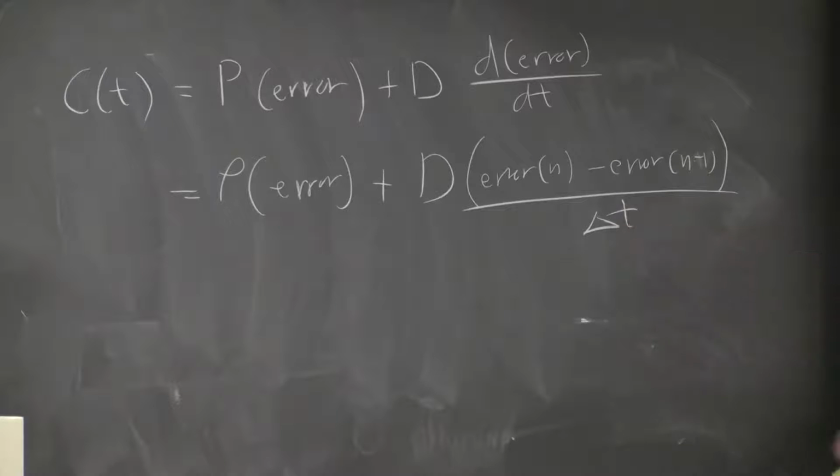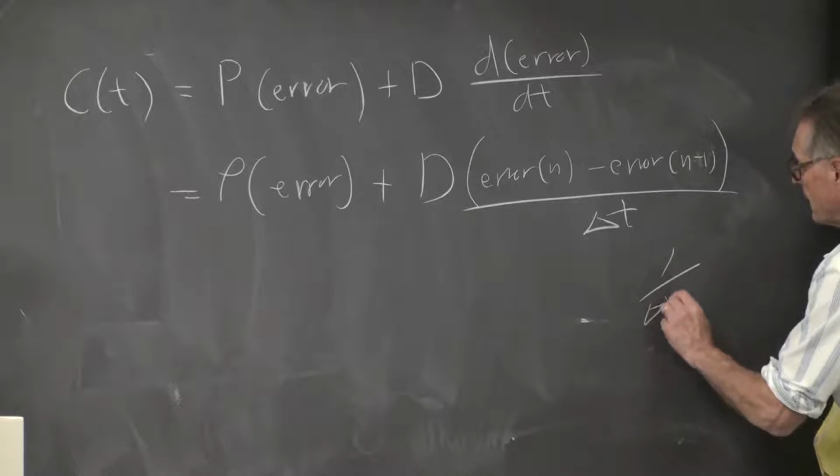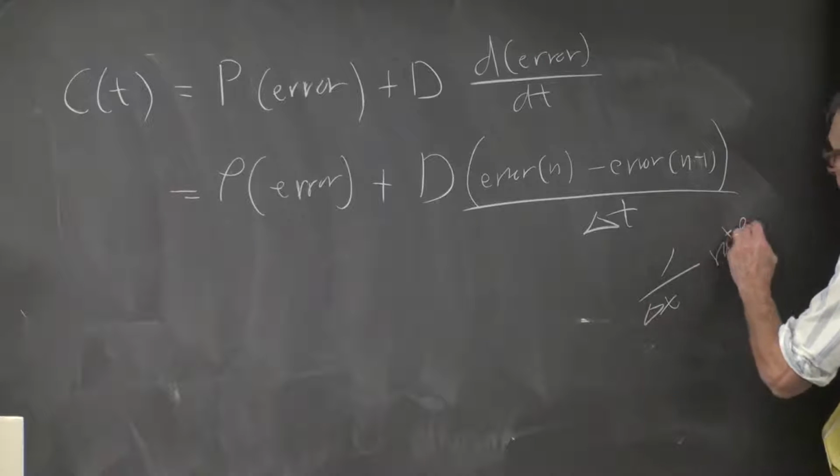So 1 over delta t is the rate of the control loop.